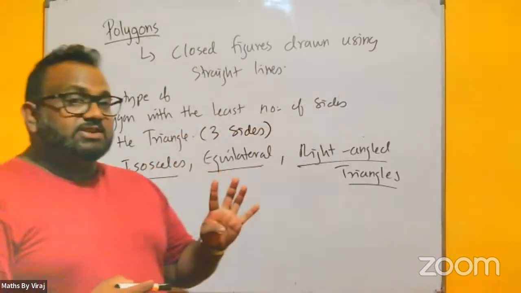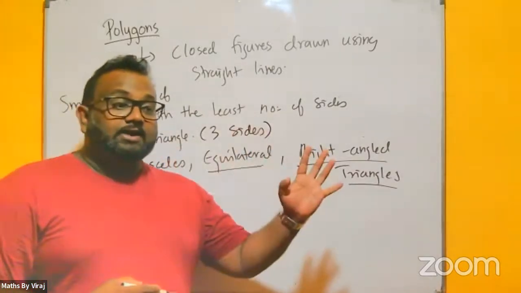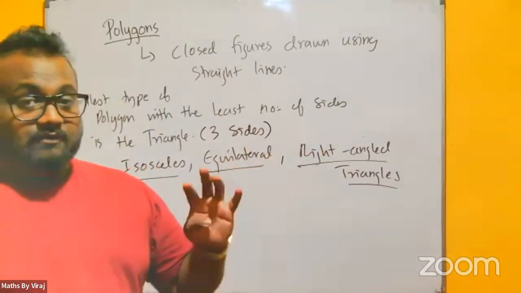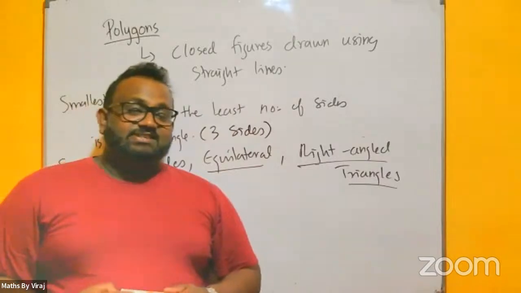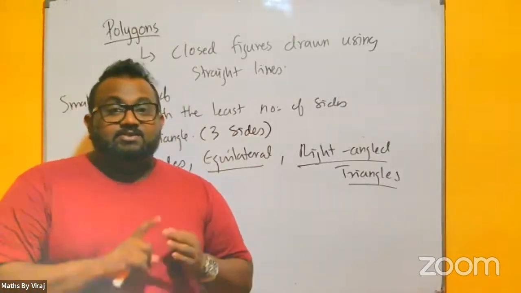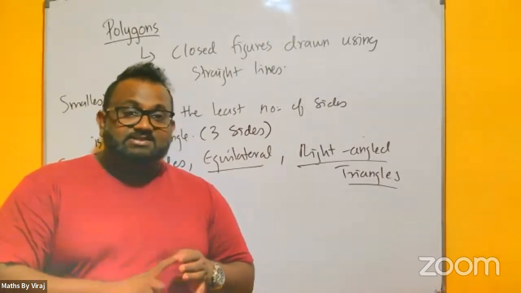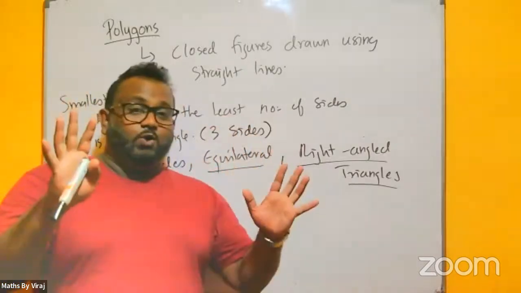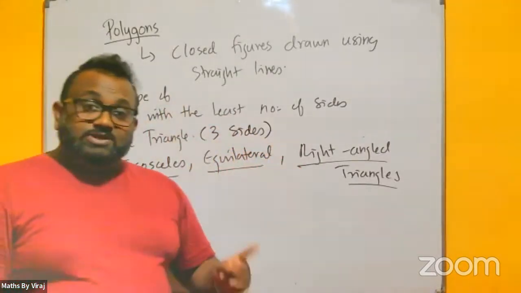Like 4 sides, we say quadrilateral. In quadrilaterals, we have different shapes: squares, rectangles, trapeziums, parallelograms, diamonds, kites, and so on. But for 3 sides, there's only one, which is a triangle.